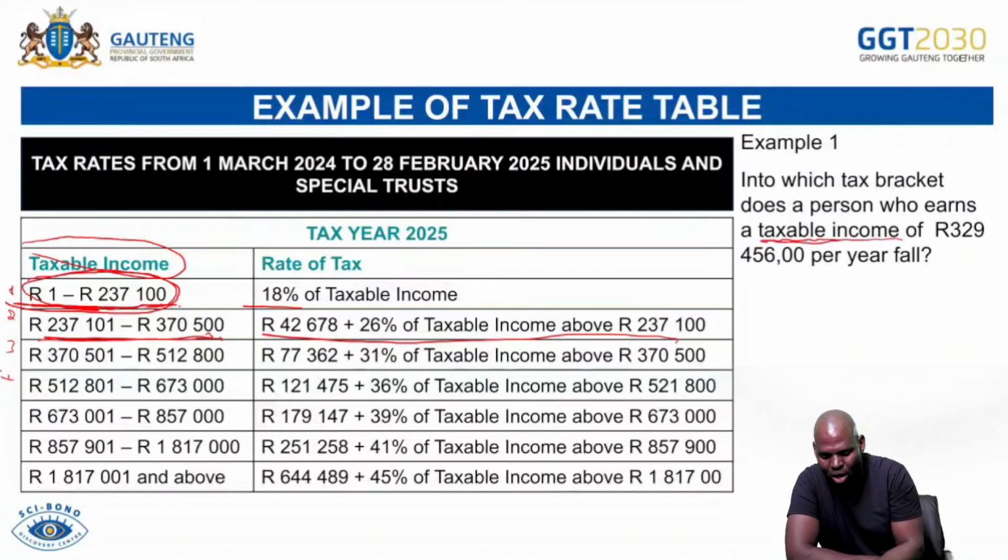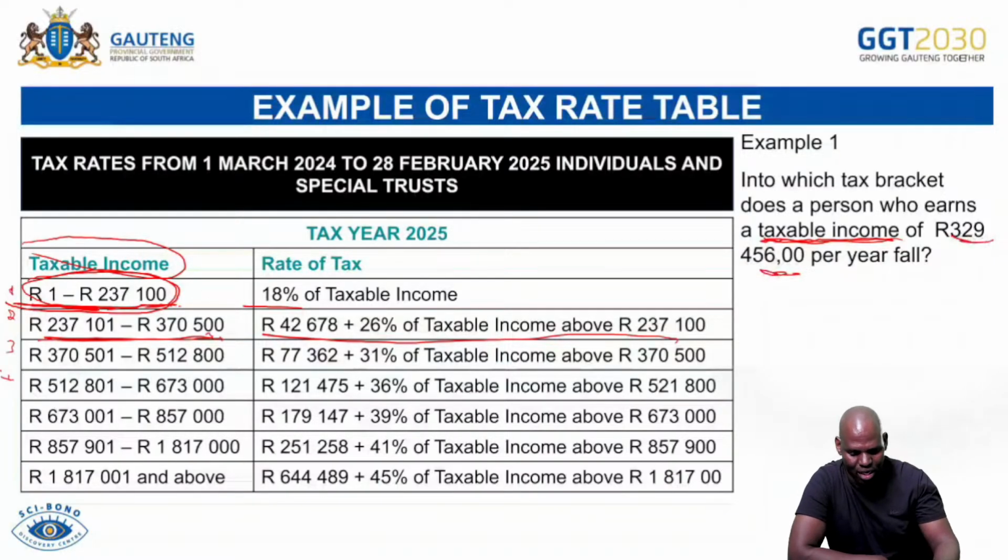So this one they say into which tax bracket does a person who earns a taxable income, taxable income is now the amount that must be used to calculate tax, of 329,456. Now where do we find 329,456? If you look at the first one, it's from 1 to 237,000. That amount, it's not in that bracket. Then we go to the next one. This one says 237,101 to 370,500.